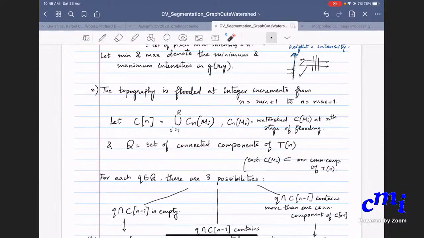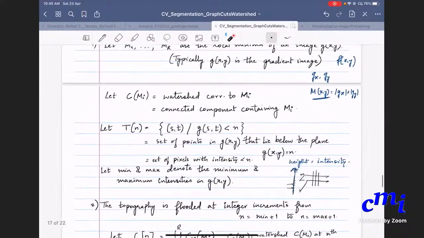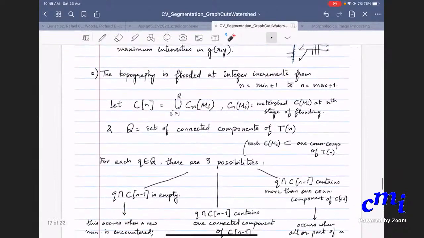So Cn is the union of all the Cn(Mi). Cn(Mi) is the watershed at the nth stage of flooding. So this C(Mi) was C0(Mi): at the zeroth stage, you had just the regions that I described earlier.